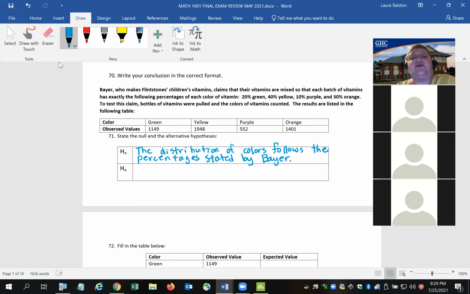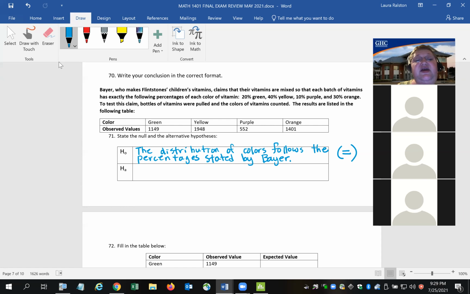Okay, so Bayer's saying they have 20% green, 40% yellow, 10% purple, and 30% orange. And so we're saying that the results that we got follow or equal the percentages that are stated.